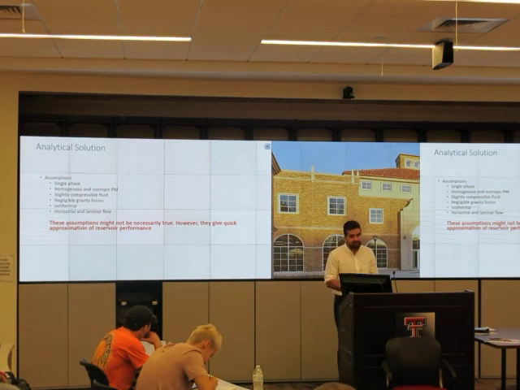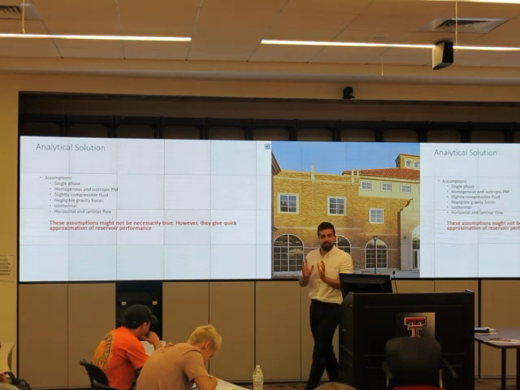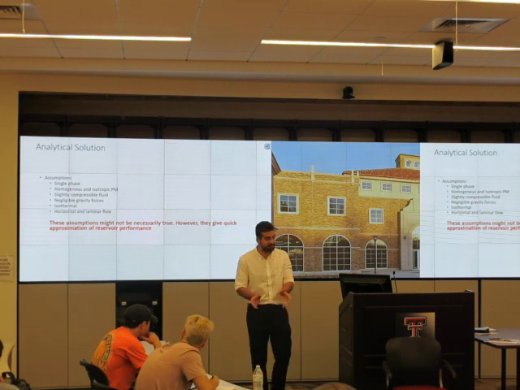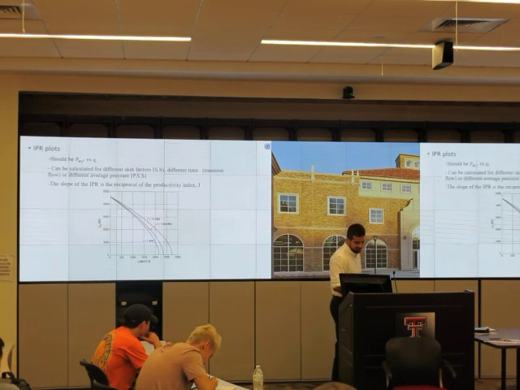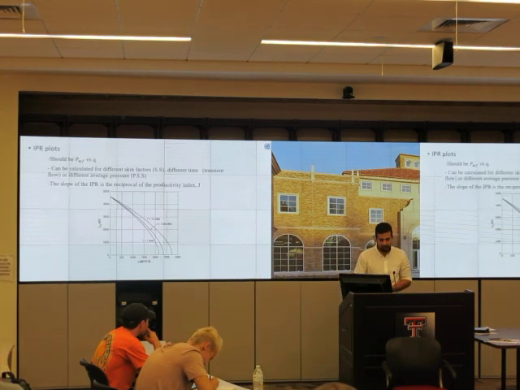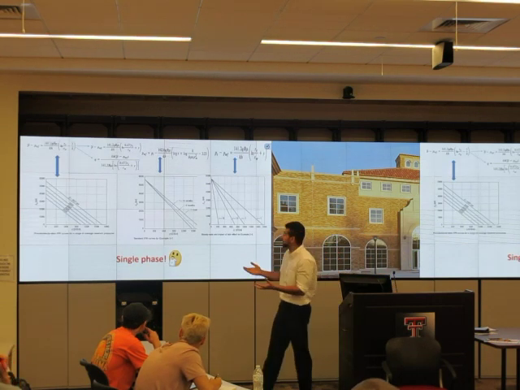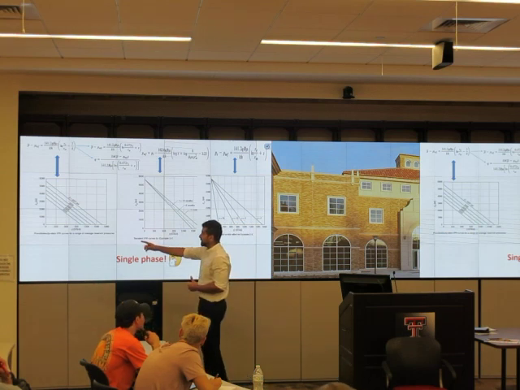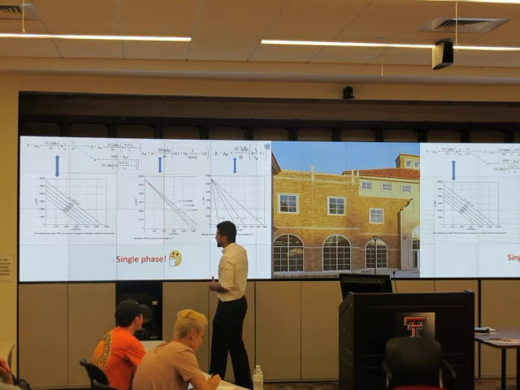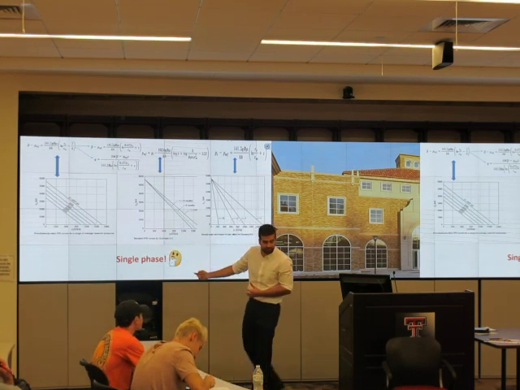If you have these assumptions, by some simple mathematical manipulation, you can simply get to the equations that you know, which are these equations. You are familiar with the steady state and transient flow.